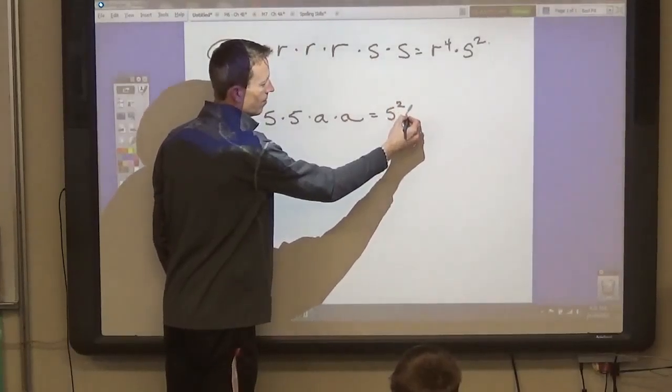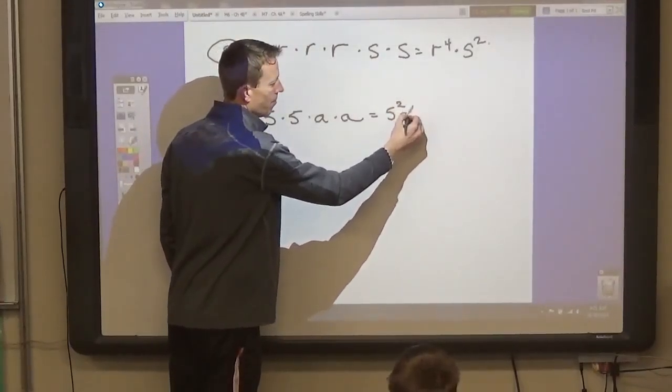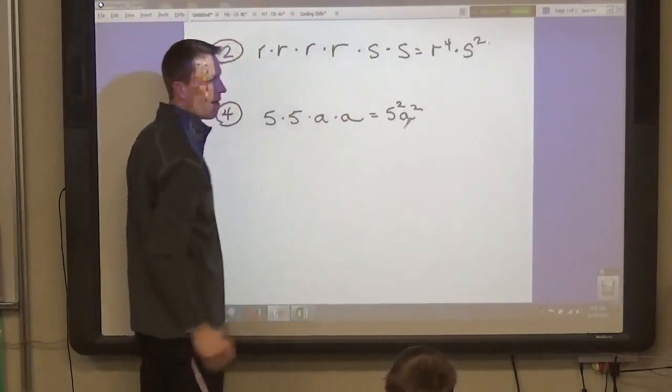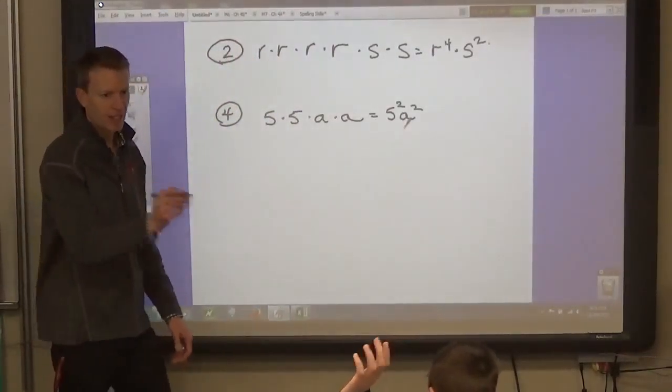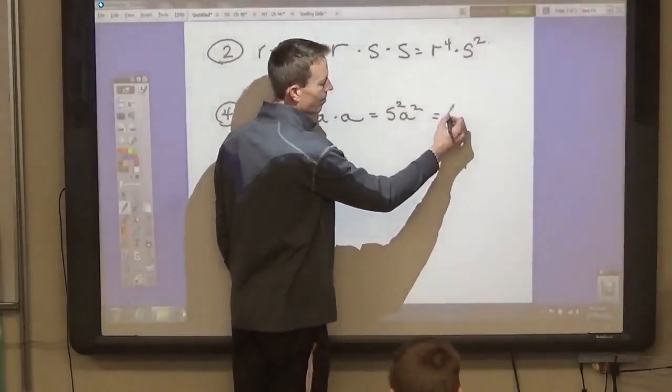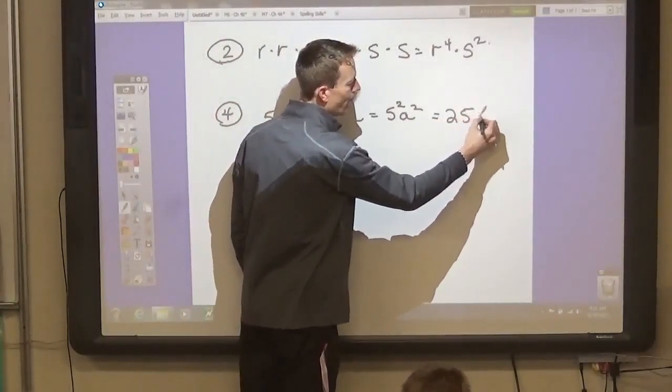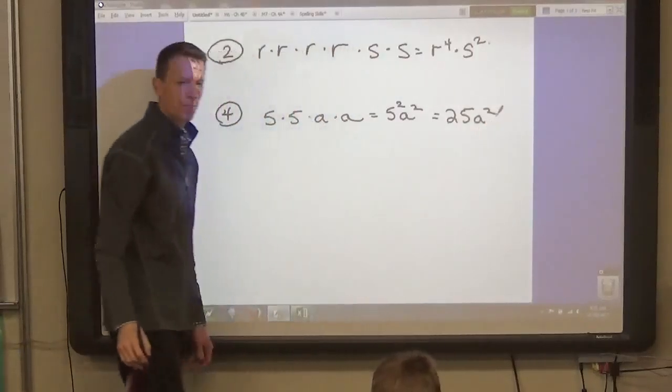Oh, 5 to the second power times 8 to the second power. Yep. And then we can simplify that to 25 times a to the second power. Very good. 25a to the second power.